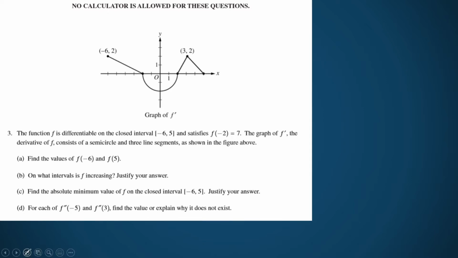We're going to start out with picking the right color, and then finding f of -6 and f of 5.